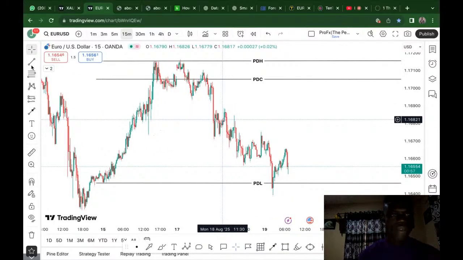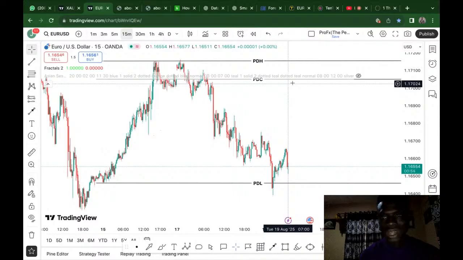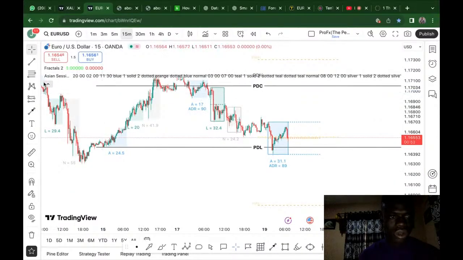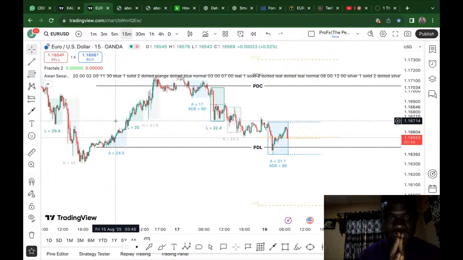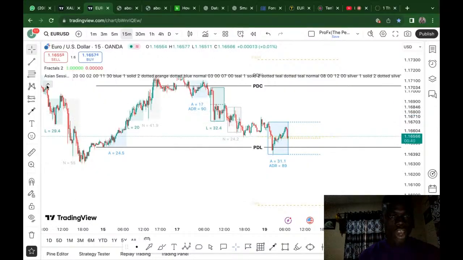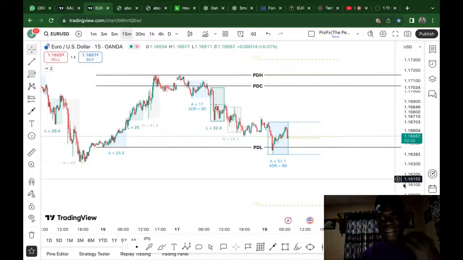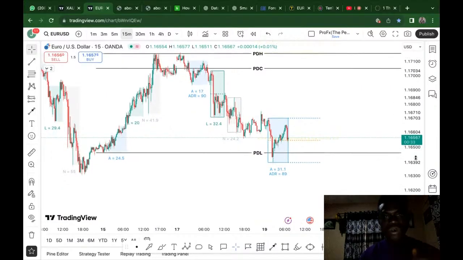We have to turn on our session indicator because it helps us to know the session range. That's your liquidity grabs and targets. That's what I use my session for. Sessions help me to know my range and help me to know the target.